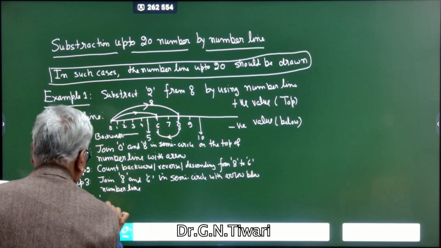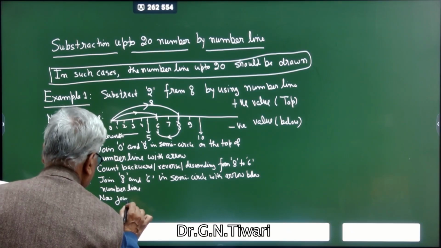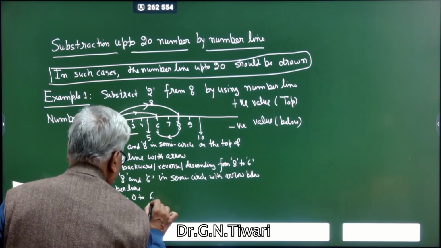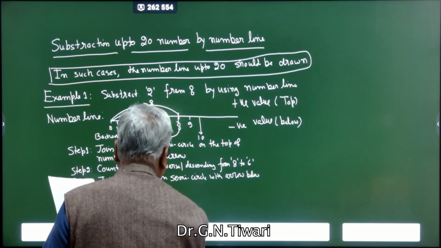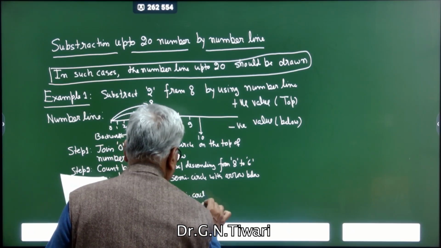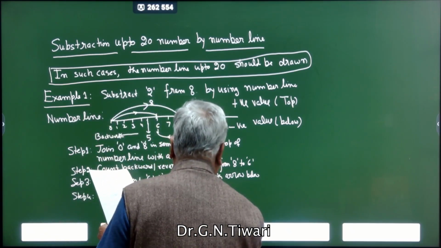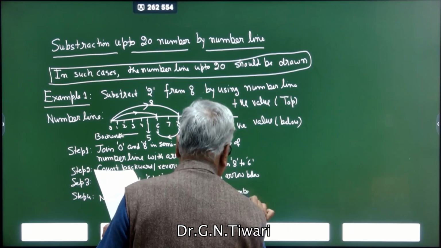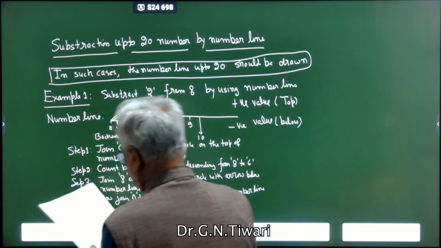Join 0 to 6 in a semicircle above the number line with arrow.